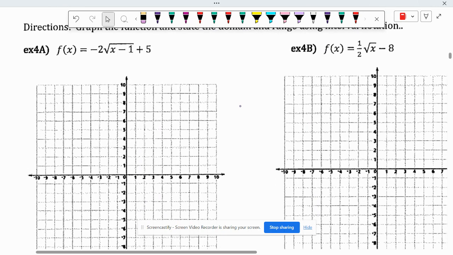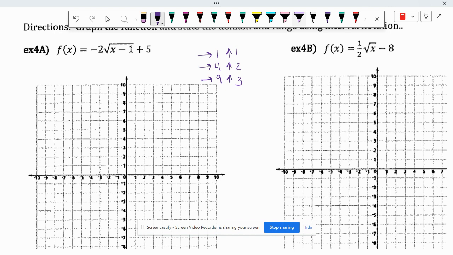So this is a square root function. So the first thing I'm going to do is write my pattern. Over 1, up 1. Over 4, up 2. Over 9, up 3. That's the pattern of a square root function.